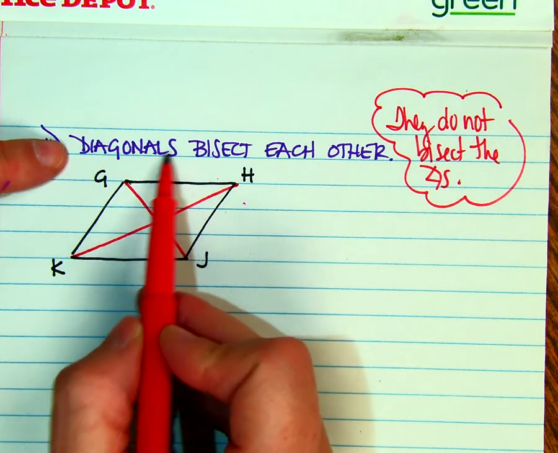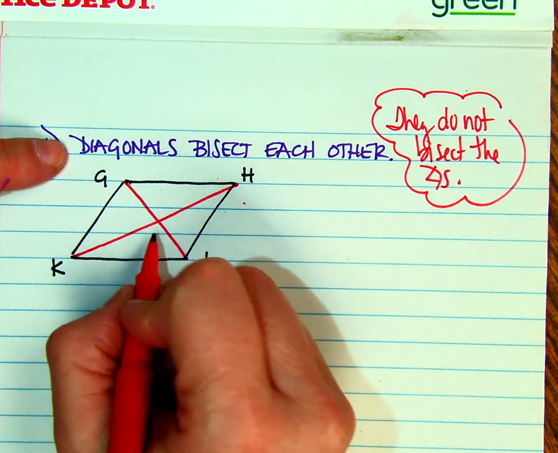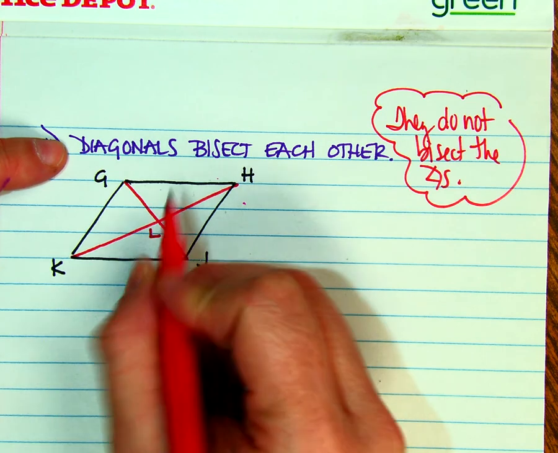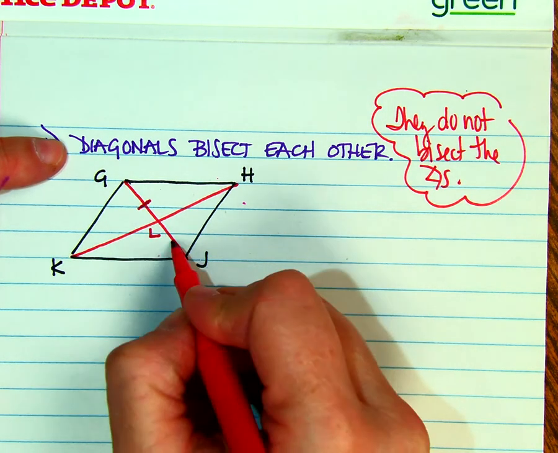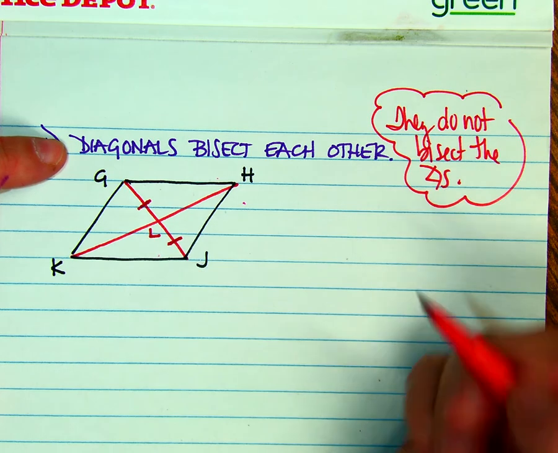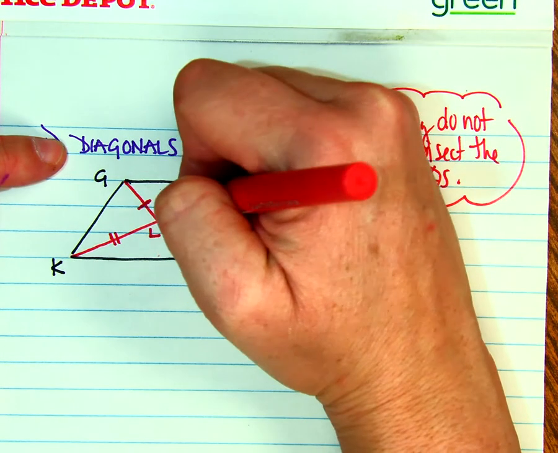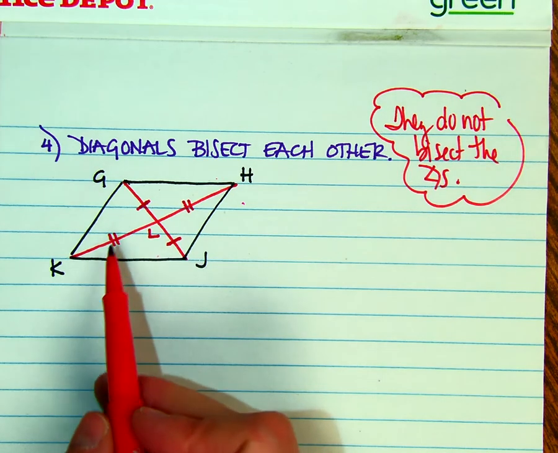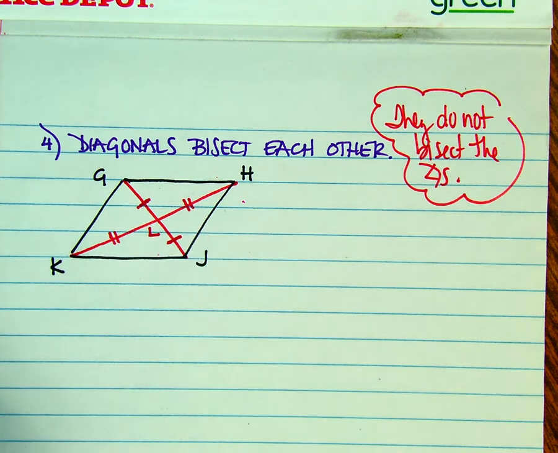From this property, if diagonals bisect each other, that means, and I'm going to put L as the point of intersection, that GL is congruent to LJ, and that KL is congruent to LH. Notice I'm using different number tick marks so that you are not thinking that they are all congruent.